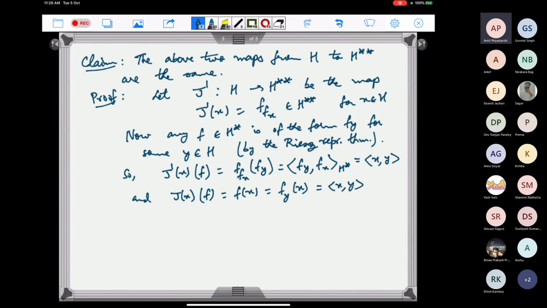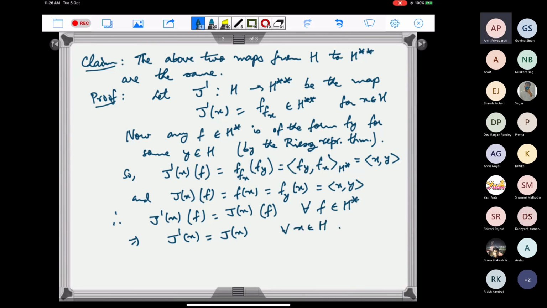So therefore J dash X of f is equal to Jx of f for every f in H star. This implies J dash X is equal to Jx, and this is true for every x in H. So therefore these maps are the same. J dash is the same as J. These two maps from H to H double star are the same.